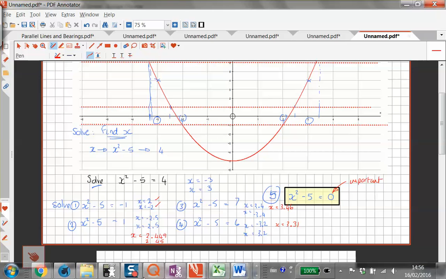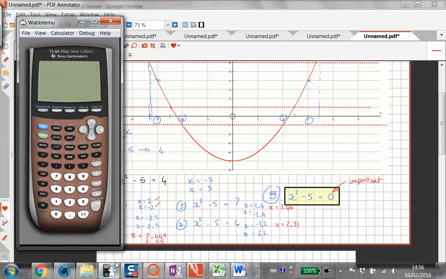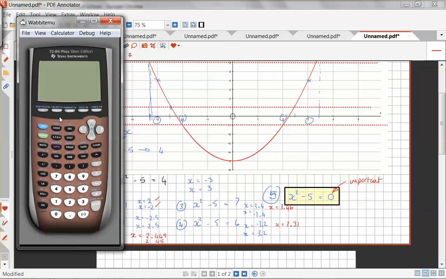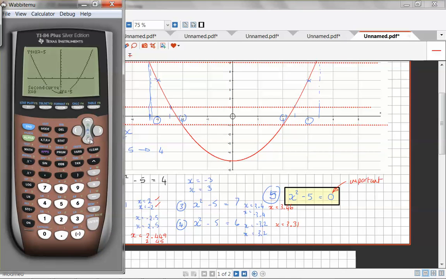So, for instance, go back to my calculator. I've got my graph. I could put a y equals 0, but actually, I've got a line there. But if I do second calc intersect, enter, first curve, enter, that's fine. Second curve? Where's the second curve?